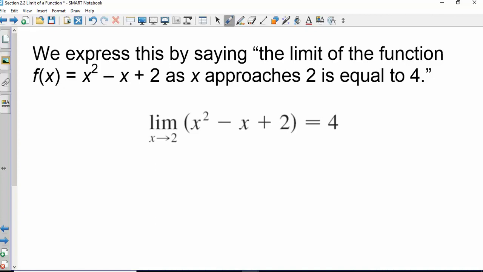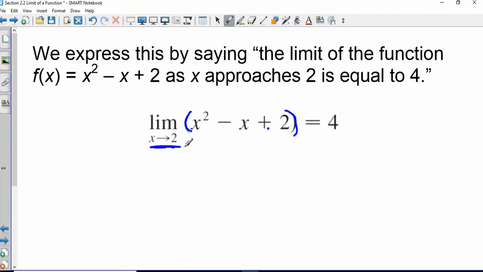The limit of the function f of x equals x squared minus x plus 2 as x approaches 2 is equal to 4. Notation: limit, and then underneath it, x arrow 2, like a subscript. Then we put our function here and what it equals. So this is saying as x gets closer to 2, this function is getting closer to 4.